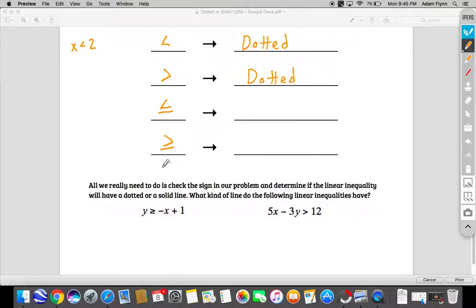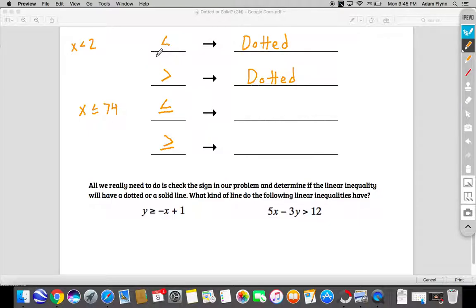Okay? And if I were to have x is less than or equal to 74, let's say. Okay? This means x could be 73, x could be 72, x could be 9, x could be -2,400,076.